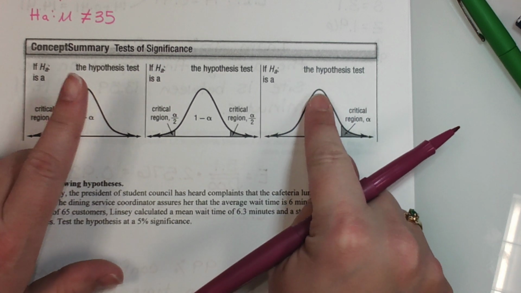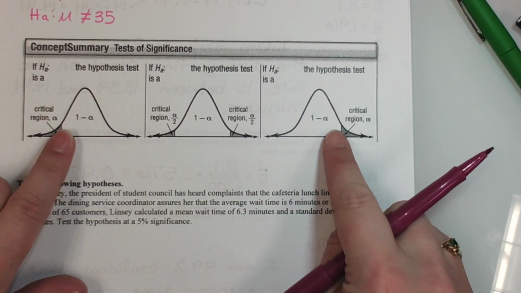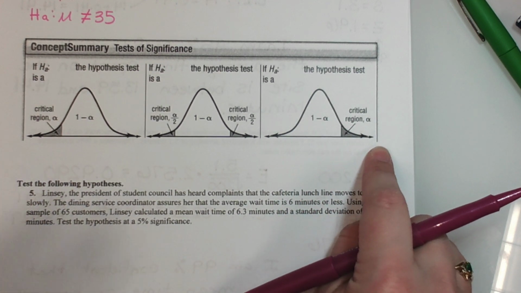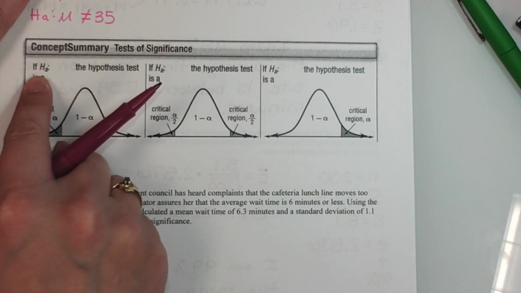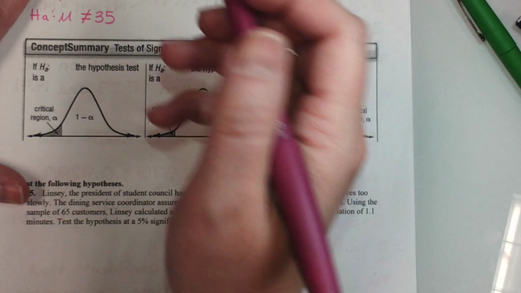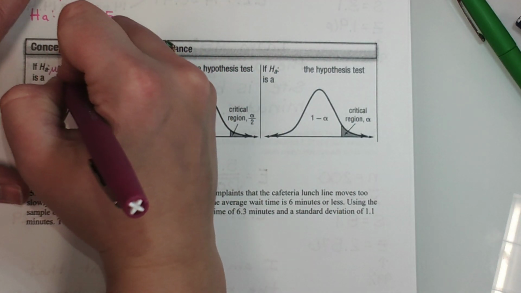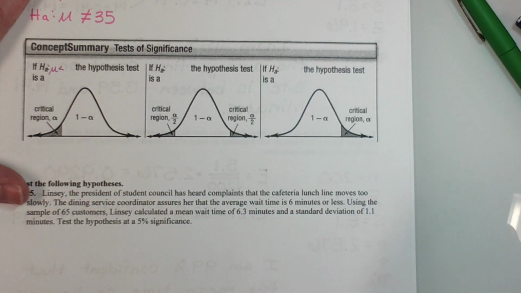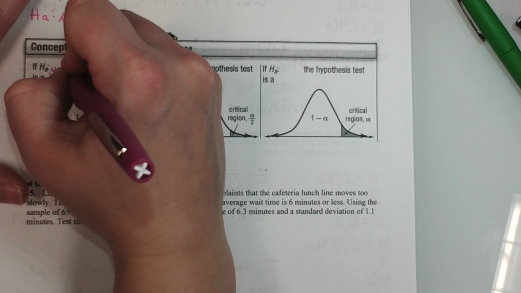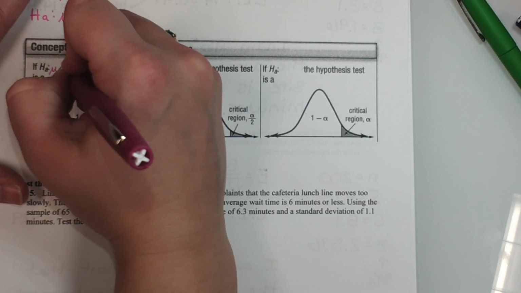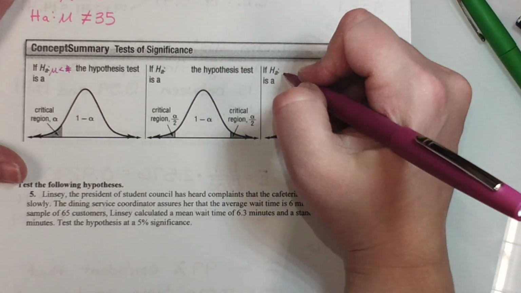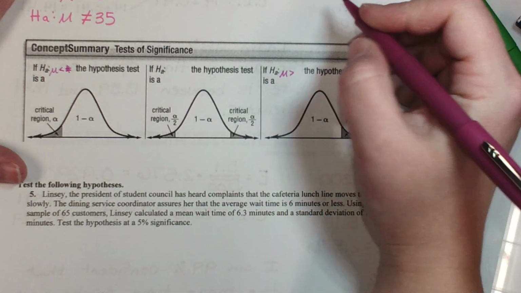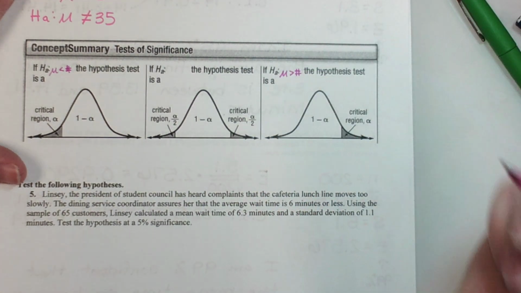They break it into these 2, which are considered one-tailed tests. A one-tailed test is the situation where you have an alternative hypothesis where mu is less than some number. I'm just going to put a number symbol. You also have the situation where mu is greater than a number.